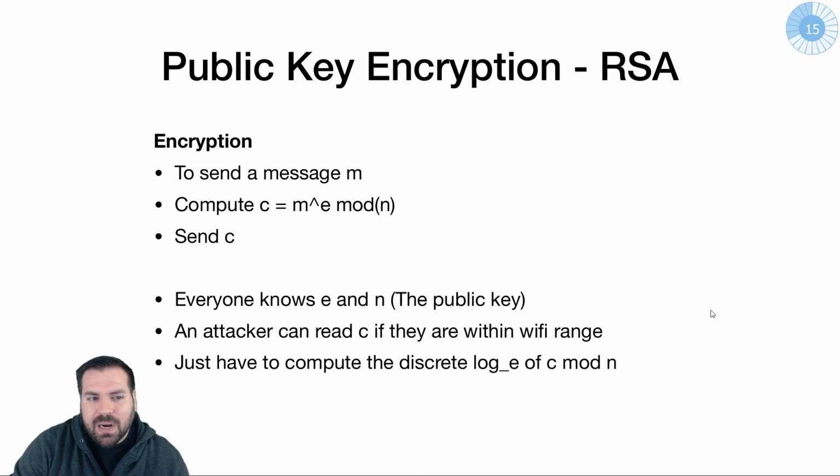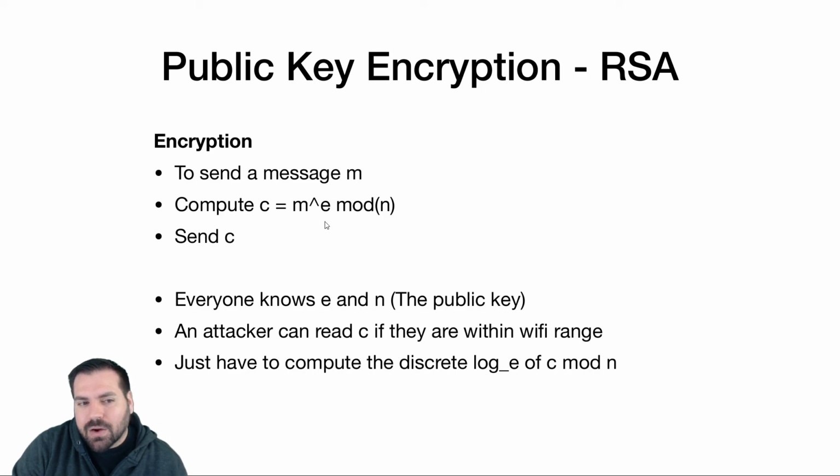Okay, great. There's another problem here, though. If somebody has a cryptotext, they have E, they have N. So all they have to do is compute the discrete log base E of C mod N. Once they compute this, which is just a logarithm, they can compute that as well.